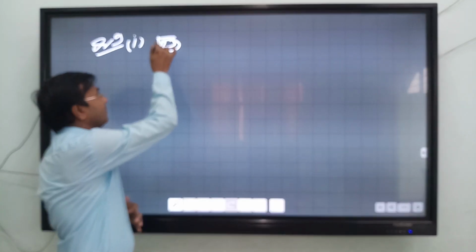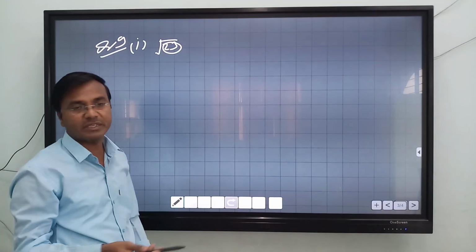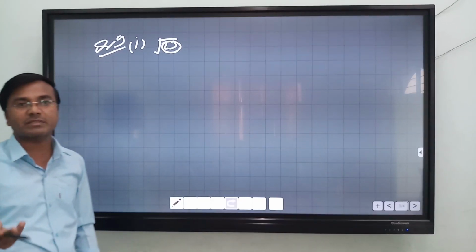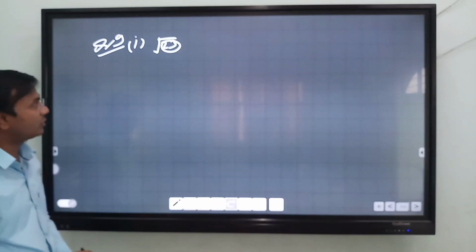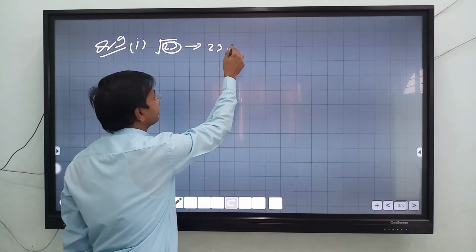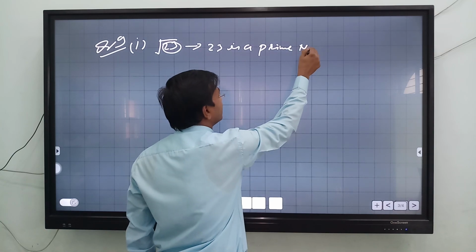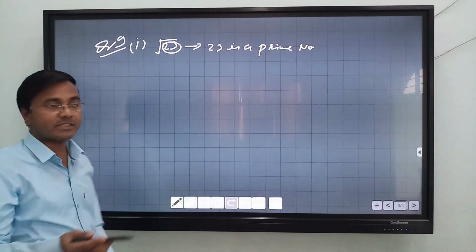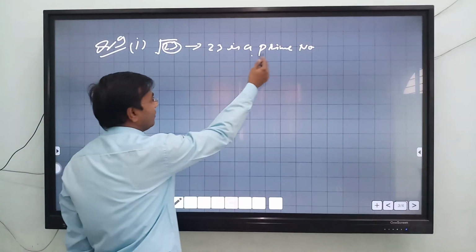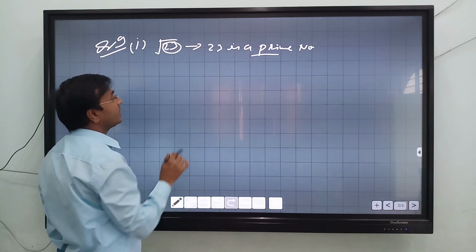And in square roots, as you studied in the previous class, for simplifying a square root we make pairs of numbers and then write one number outside of the square root. Here 23 is a prime number, which cannot be factorized, so we cannot have a prime factor other than 23 itself.